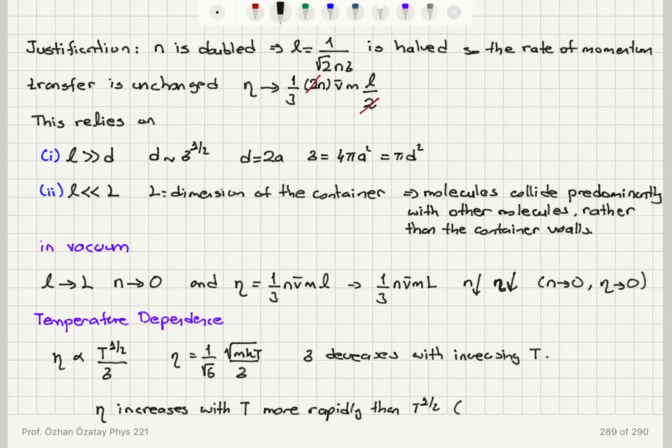It's more like T to 0.7 dependence for gases. Now, why did I say gases? We were talking about fluids. Actually, there is a difference in the behavior for gases and liquids.